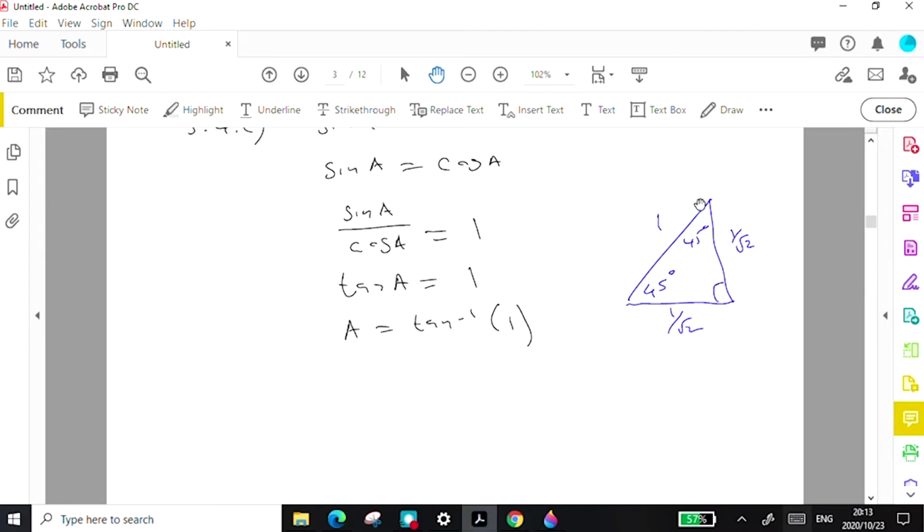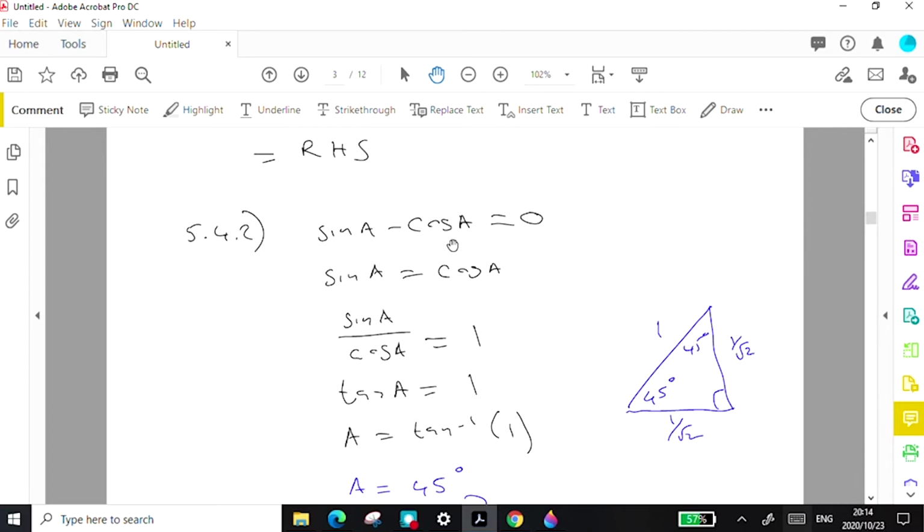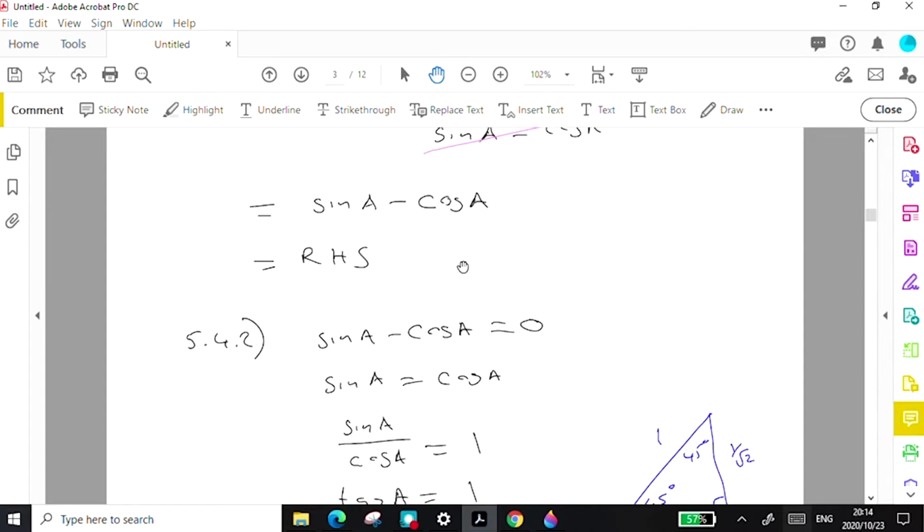So here we have y, if this is our theta, so we have y divided by x is equal to 1. Therefore, theta, or A, must be equal to 45 degrees. If A is equal to 45 degrees, the identity would be undefined for theta between 0 and 180 degrees.